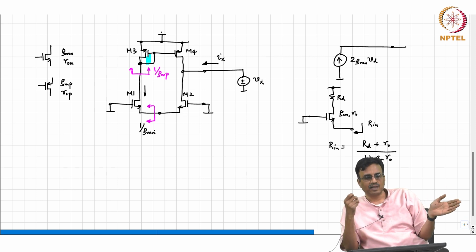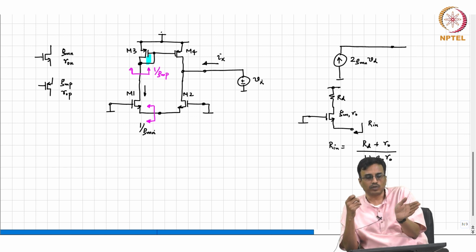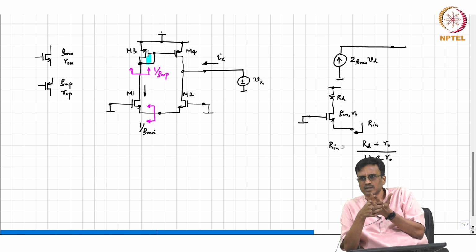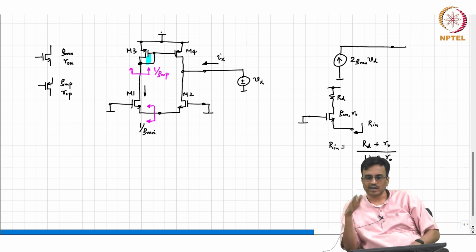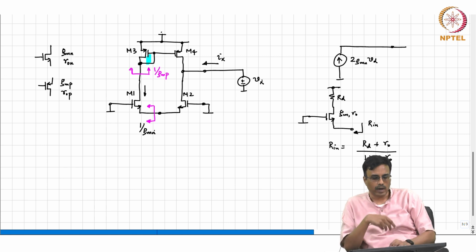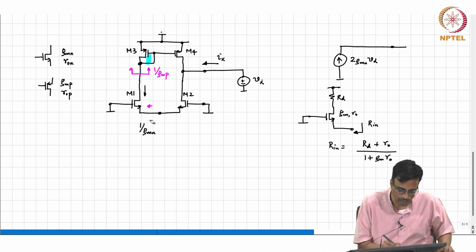And what is the resistance looking into the source of M2? 1 by GM, right. There is of course another RON in parallel, but again that is small. So, is that clear? Okay. So, this is 1 over GMN, all right.